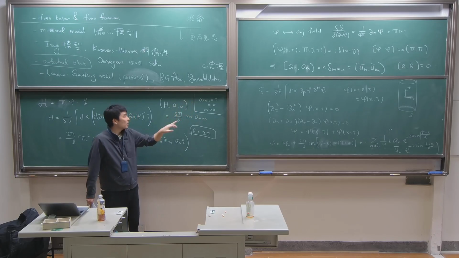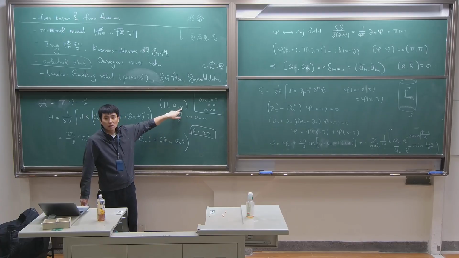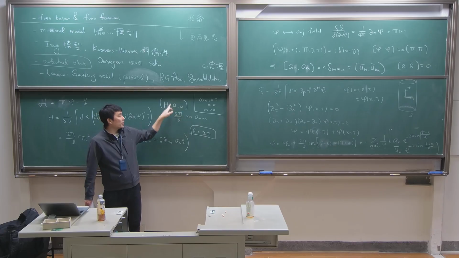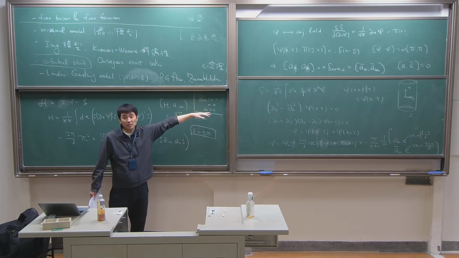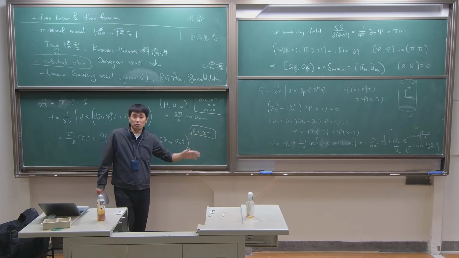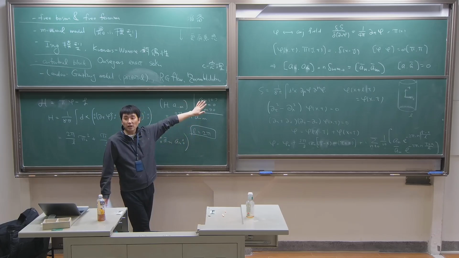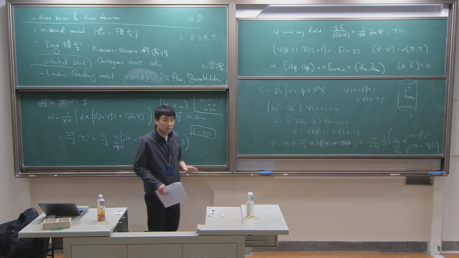Here is negative m, and m is positive, which means only the negative modes have positive energy, and the positive modes have negative energy. So unless this annihilates the vacuum, you get negative energy. From unitarity, this is already the consequence.